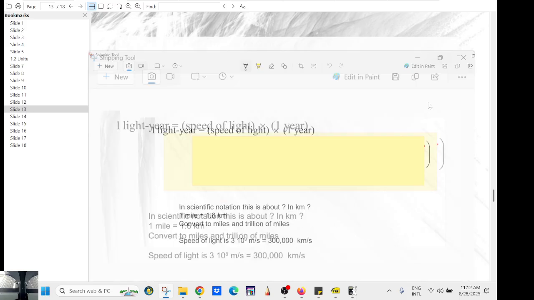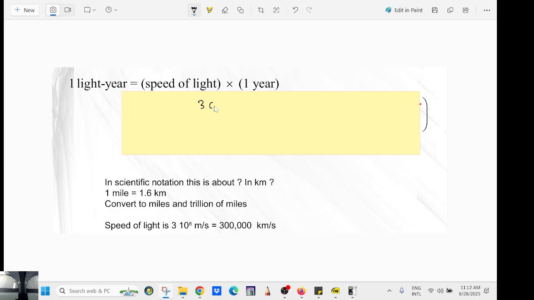So let me know if you get it, so you can do a proportion. There is nothing wrong to do your proportion: 3 times 10 to the 5 kilometers in 1 second, and 1 year is about 3 times 10 to the 7 seconds, and you put a question mark. Do you agree? So you cross multiply, divide, get x.